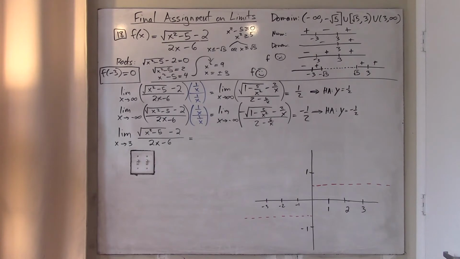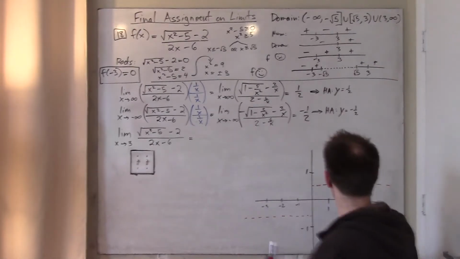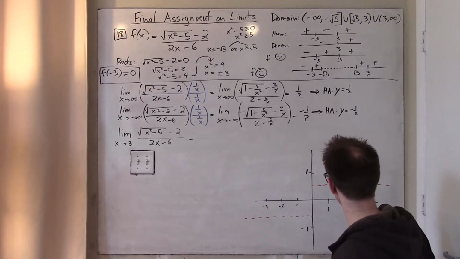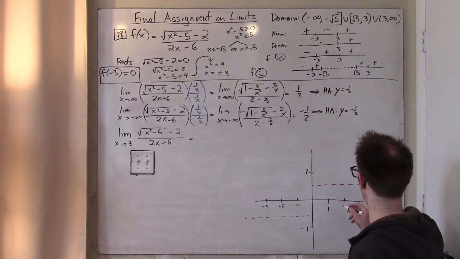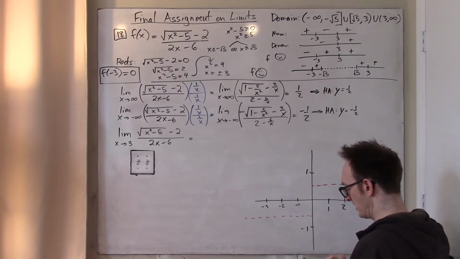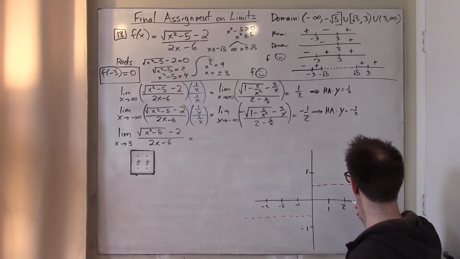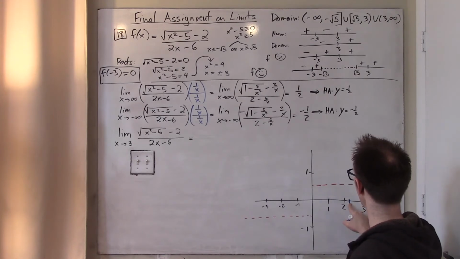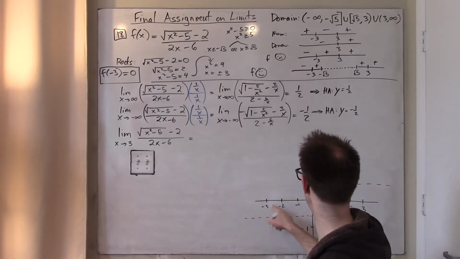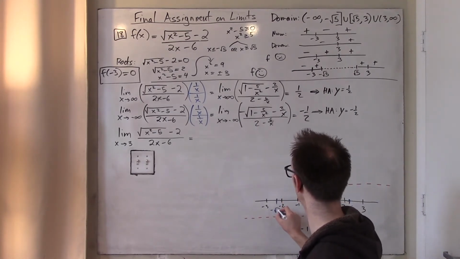So what is √5? It's like 2 point something. So maybe I should just add that in right now to my picture. Here is √5, and yeah, it's a little bit more than 2. This is going to be -√5.